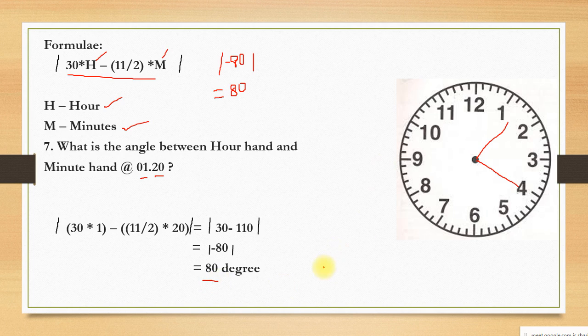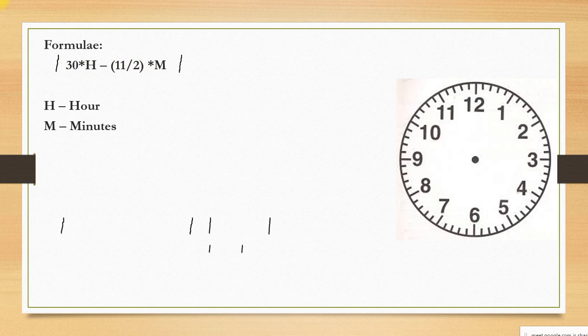I hope we have solved the same problem. You can cross verify the value, the answer would be the same. Solving the problem of clocks by the formula method and the note method is similar. There is no change. But you have to remember this formula. It is very, very important. 30 star H minus 11 by 2 into M, where H stands for hour and M stands for minutes.